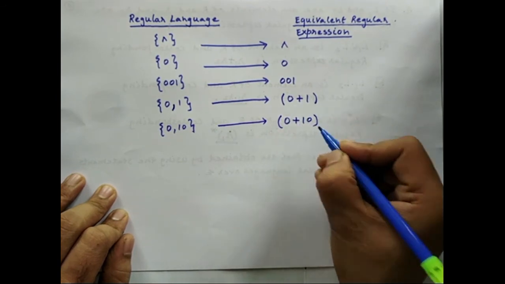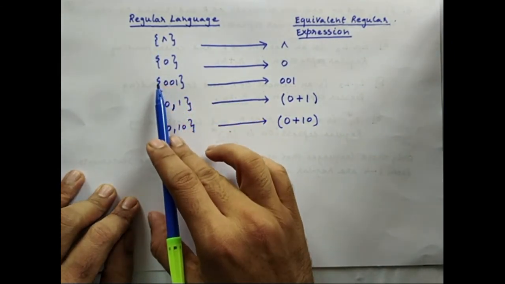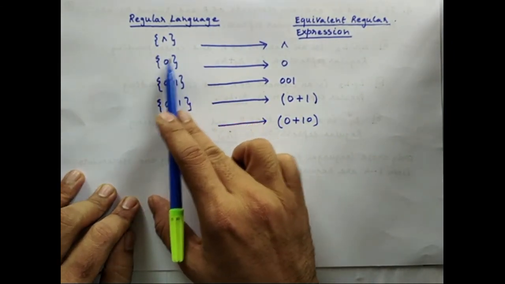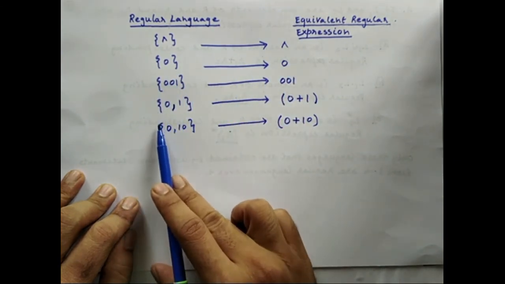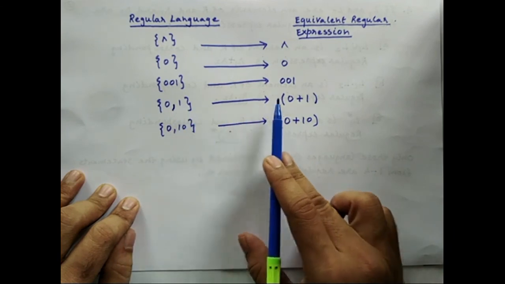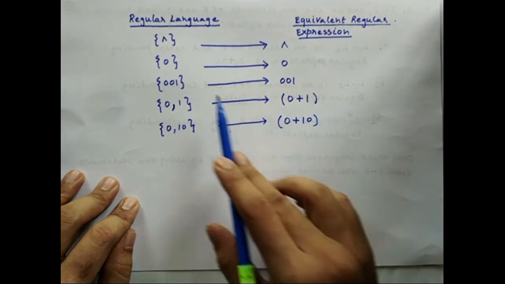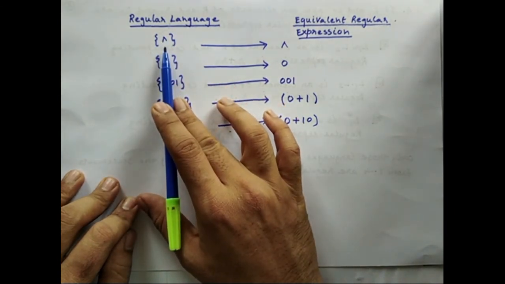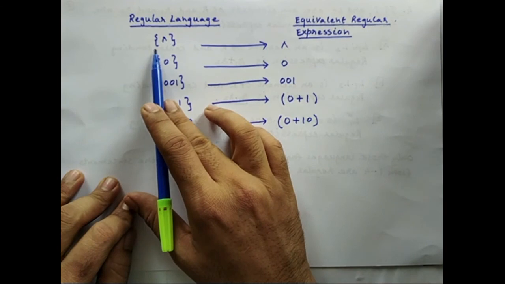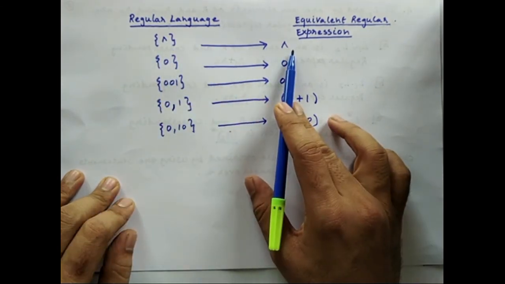Now people might have a doubt. In the first three examples, I have simply removed the curly brackets, whereas in these two examples, I am replacing the curly brackets with parentheses. So when should this be done? Remember, if the regular language contains only a single string, then you can remove the curly brackets and you don't have to add parentheses.